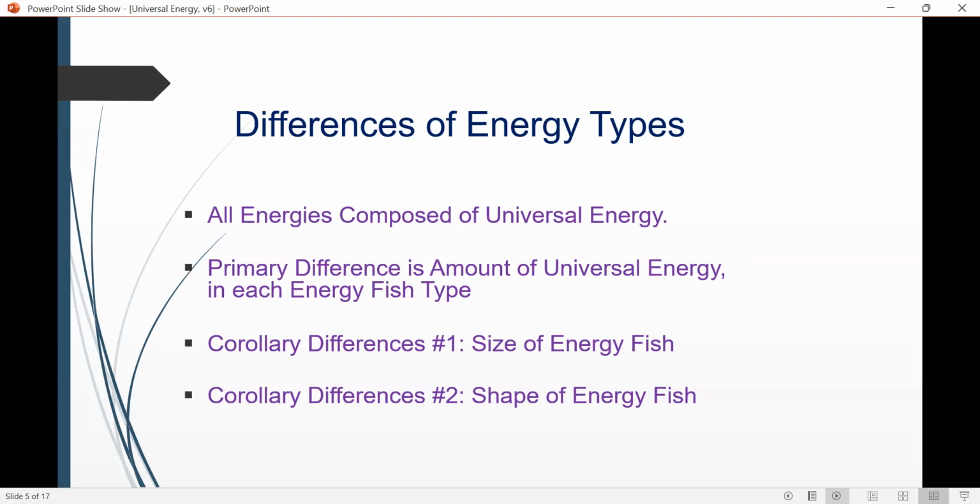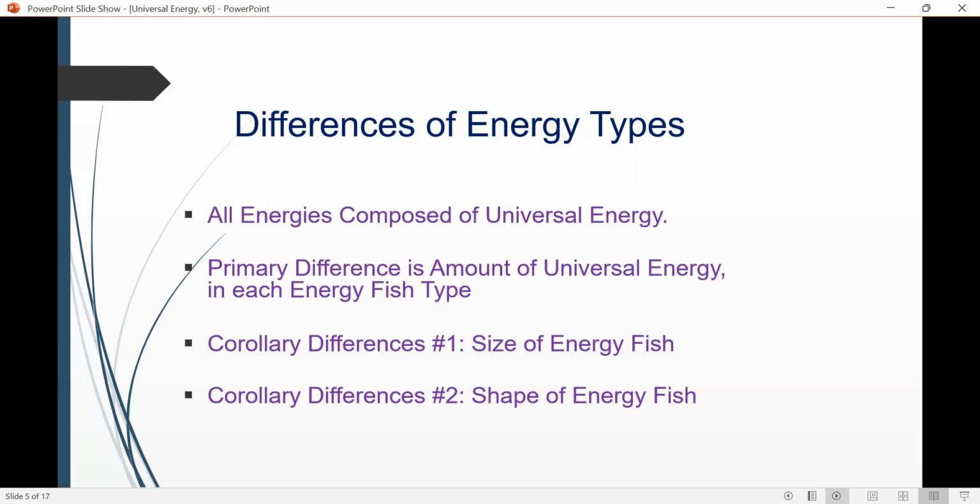The second difference is the shape. Each of these energy types is not just a cluster of the universal energy, it's a complex origami type structure. It's a complex geometry.